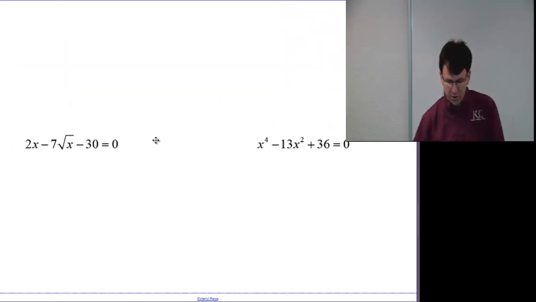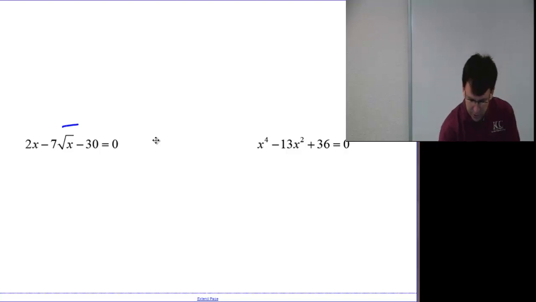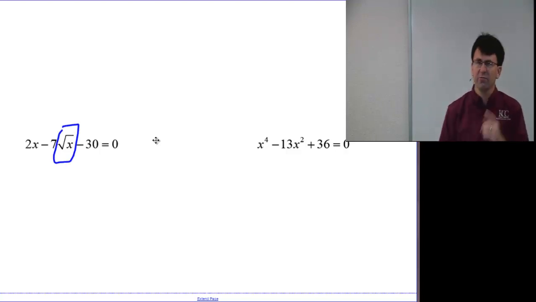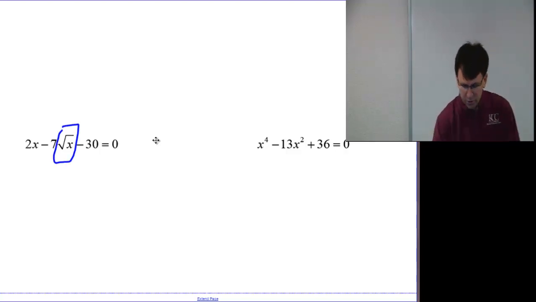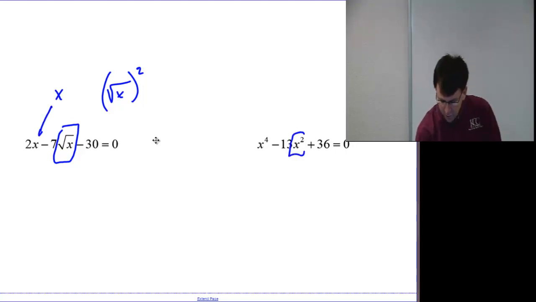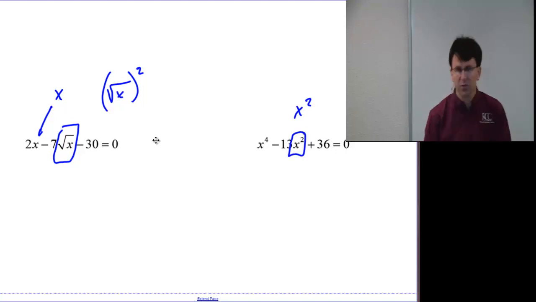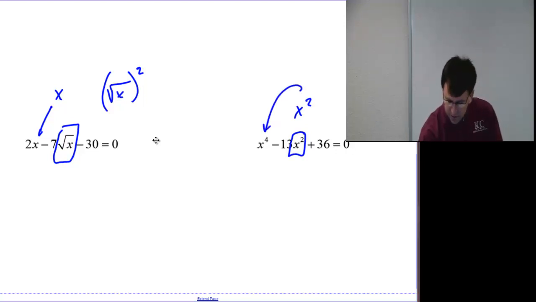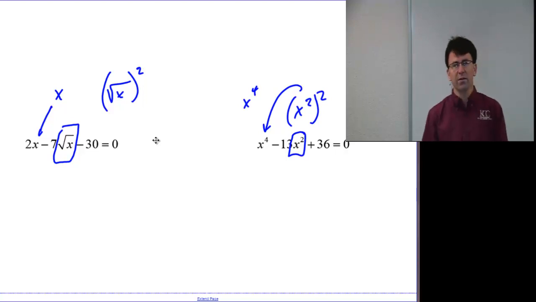Looking at the other two examples I have picked out, that middle term, I need to be able to look at that square root of x and say what would happen if I squared that. I would get x, and that's the variable that's here. And one last time, if I have x squared here, I can see that becoming x to the 4th if I was to square that.